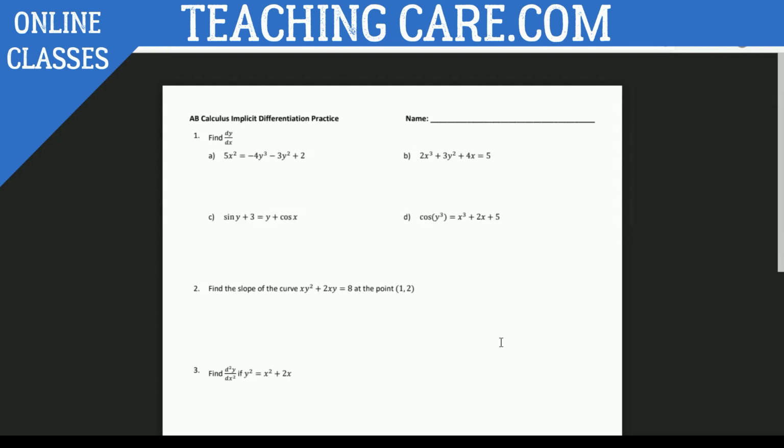For A, it's going to be 5x over negative 6y squared minus 3y equals dy dx. Yes. Okay.